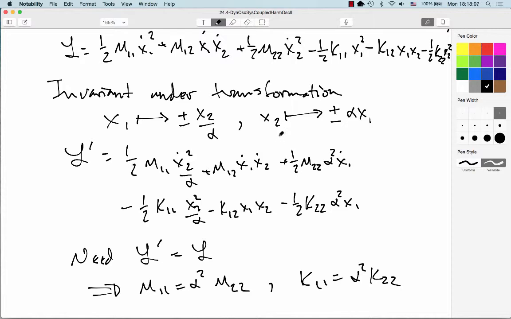And you can check the other way around. This m22 x2 dot squared, if I match that over here, yeah, we're checking out. Okay, good.